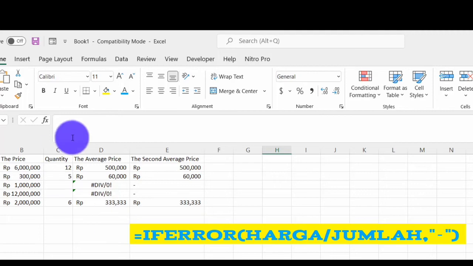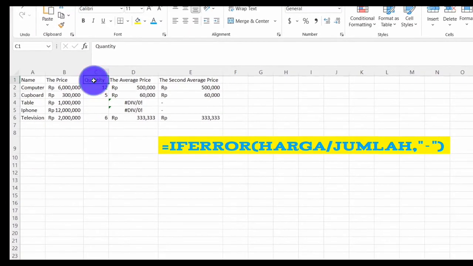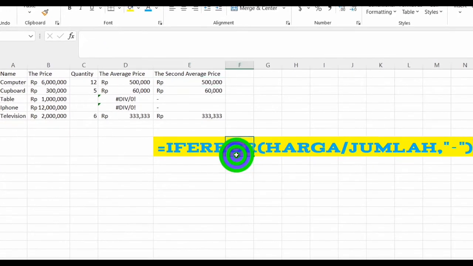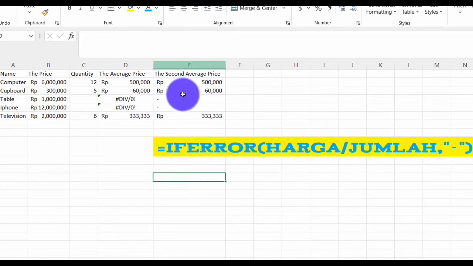Yeah, this is price atau jumlah dan jumlah, ini datanya tadi untuk menghilangkan error ini. Seperti ini. Kita gunakan sama dengan IFERROR B2 divide C2, dibagi C2, kemudian bikin strip, apostrof, itu tutup kurung. So jawabannya inilah kuncinya untuk hari ini.